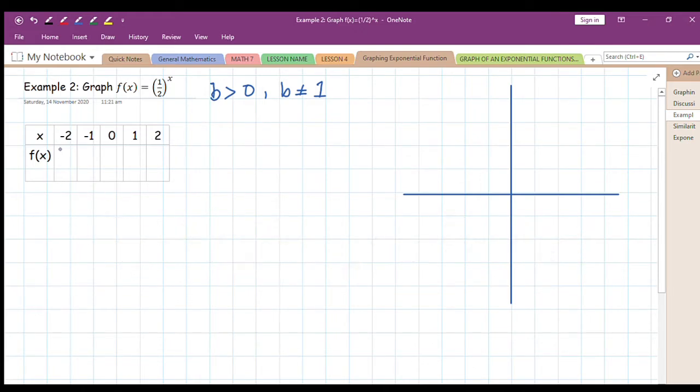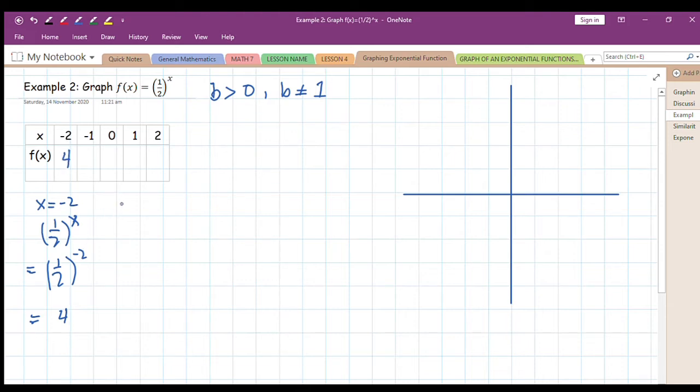Okay, now, what is the value of f of x if the first value of x is equals to negative 2 and we have our function 1/2 raised to x, and we have to substitute the value of x which is negative 2 here in our variable x. So we have 1/2, which means 0.5, raised to negative 2 is equals to 4. Ano po? So meaning to say we have this 4. You can also use your calculator.